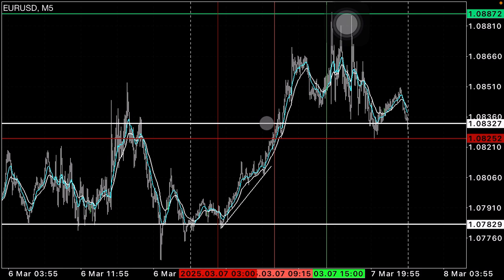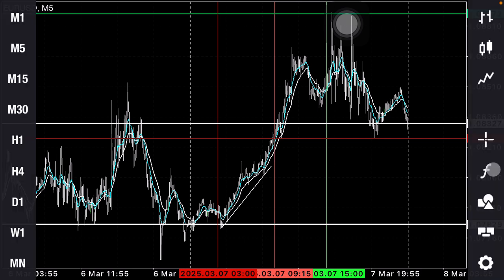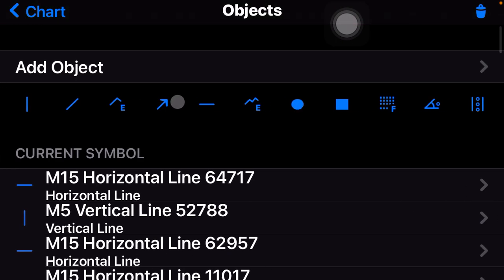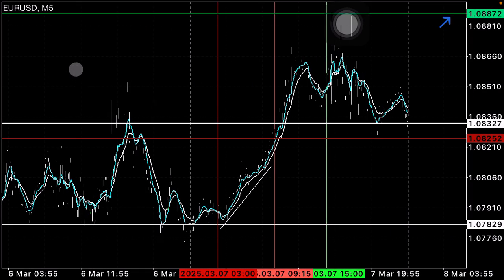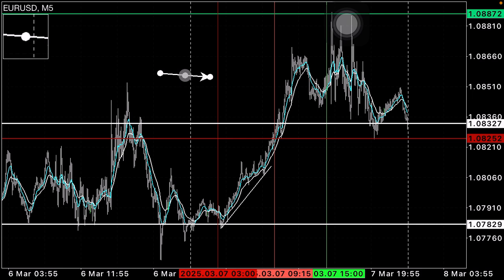This is Friday here with the red line, and there you get the line, and that line.